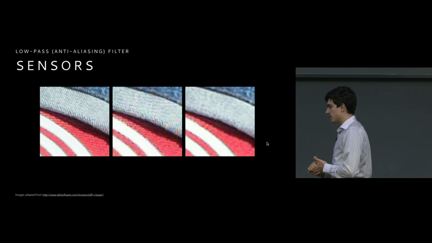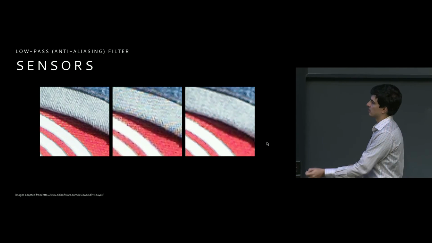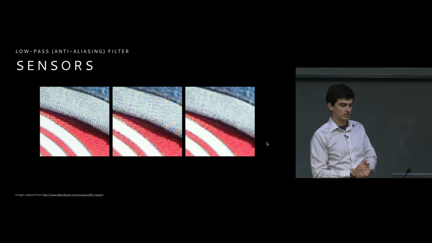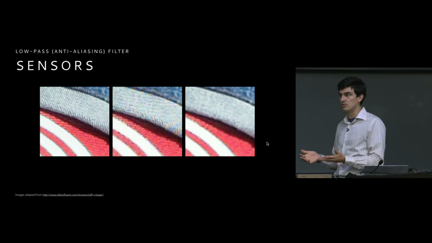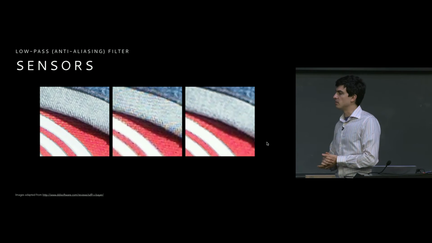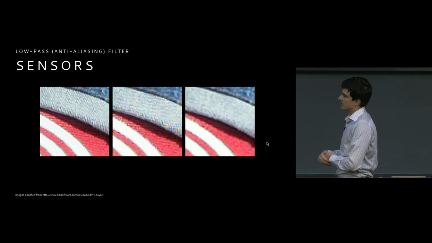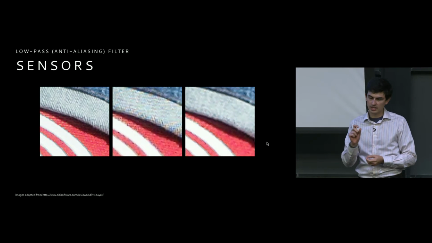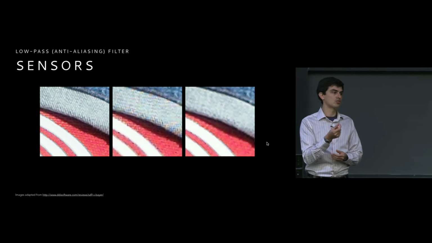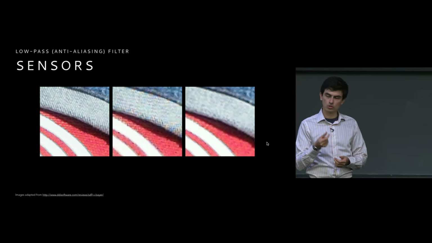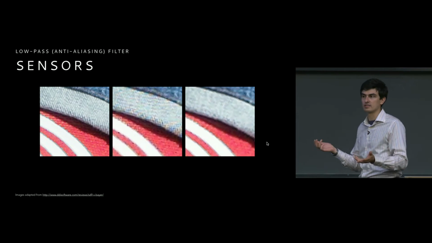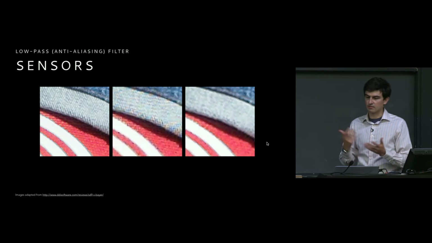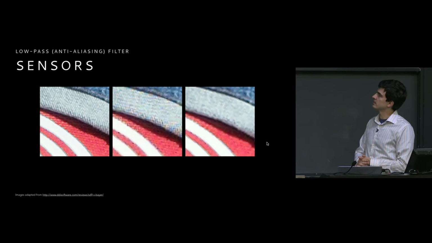In fact, there are some specialty consumer cameras that manufacturers have created that remove that filter. But those typically are for niche markets, things like astrophotography, where it is really important that you capture data at individual pixels, and you have other processing that allows you to compute that information other than using a demosaicing algorithm.